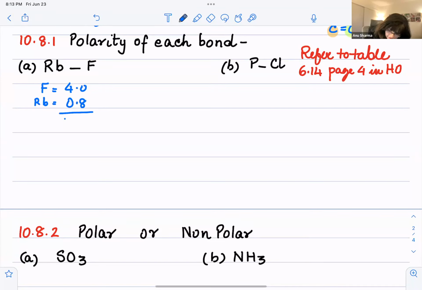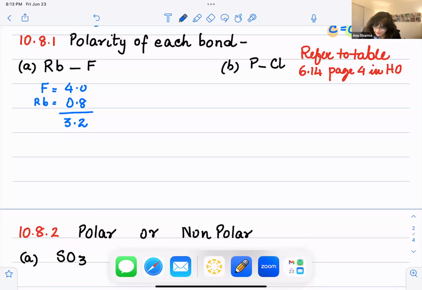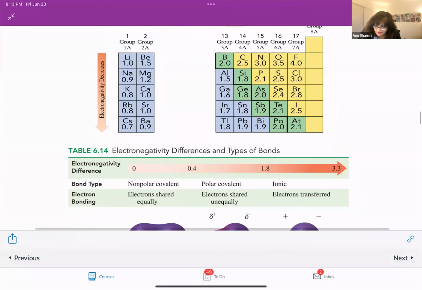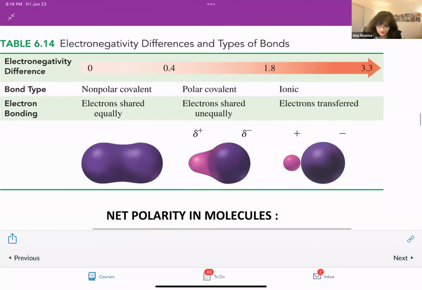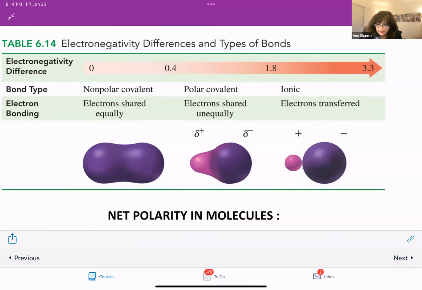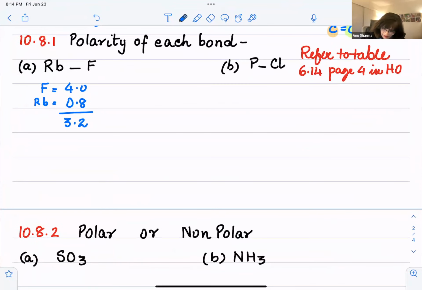So this becomes 3.2. Now, according to this table 6.14, we see that when the electronegativity difference is more than 1.8, it's an ionic bond. So this is the difference in electronegativity. So refer to the table, and these are the electronegativity values. So this refers to ionic. It's an ionic bond.